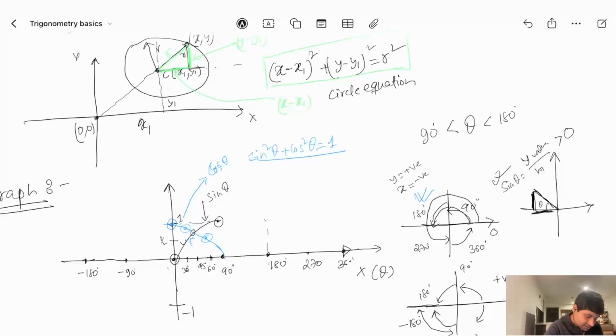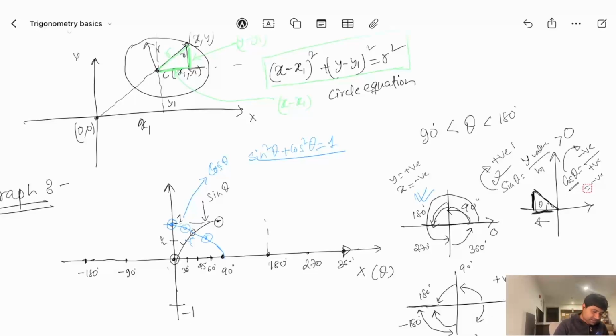But what about cos? Cos is nothing but base, which is on the x-axis, divided by hypotenuse, and definitely that will be a negative value, and hypotenuse is still positive, so overall it is negative. So in the second quadrant, the value of sine is positive, but the value of cos is negative.